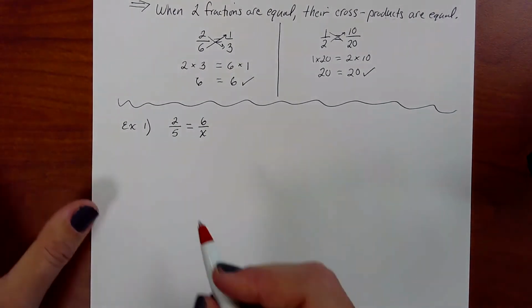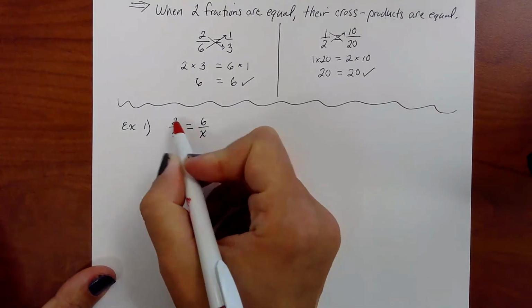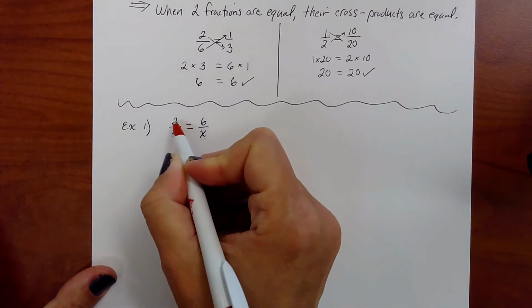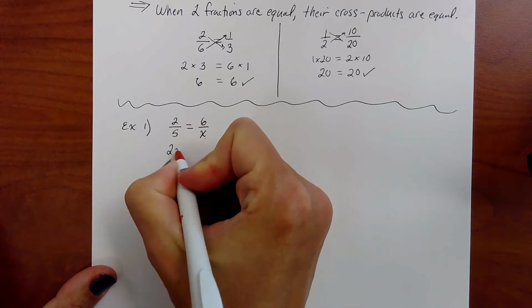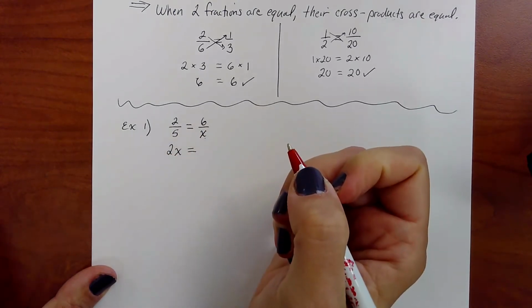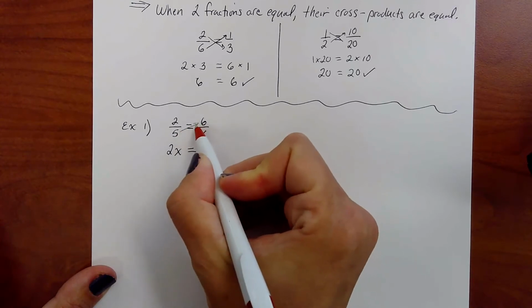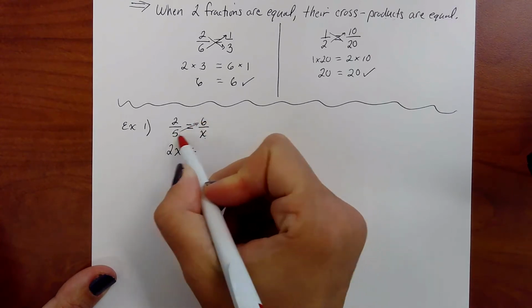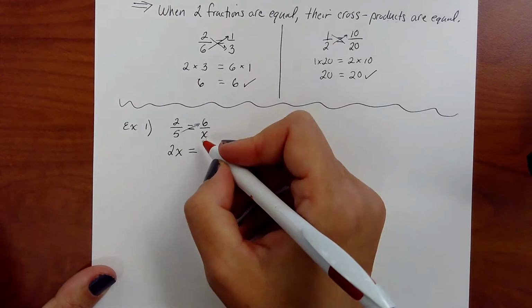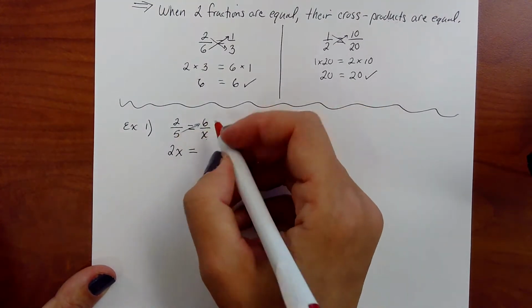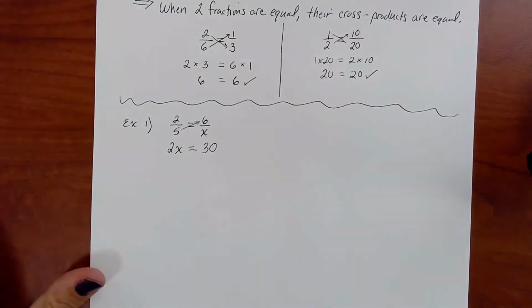I always do the cross with the variable first. So 2 times x is 2x. 5 times 6, here's the other cross. If you want to draw an arrow or a line, some people circle it, whatever you want to do. You don't have to do anything. 5 times 6 is 30.